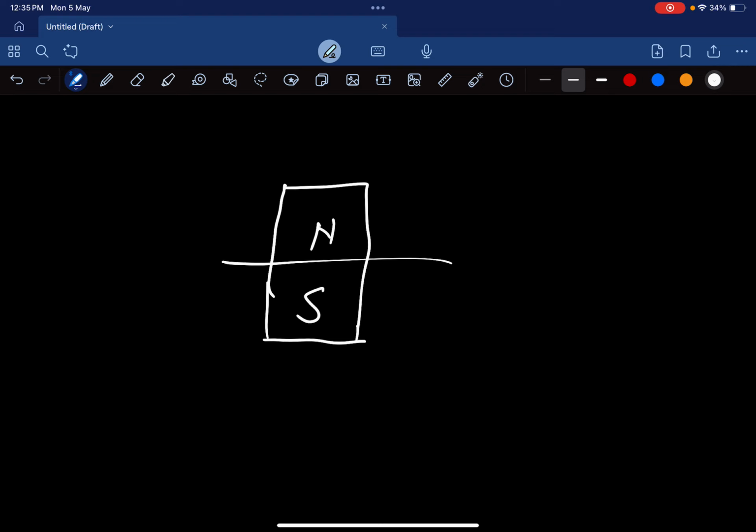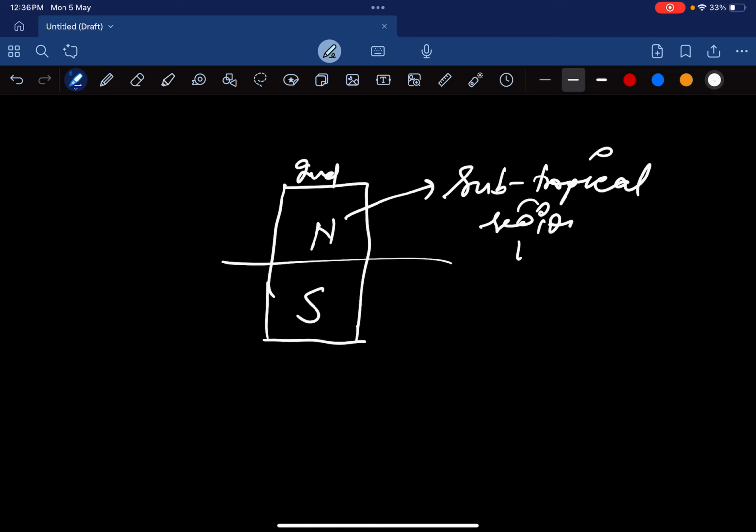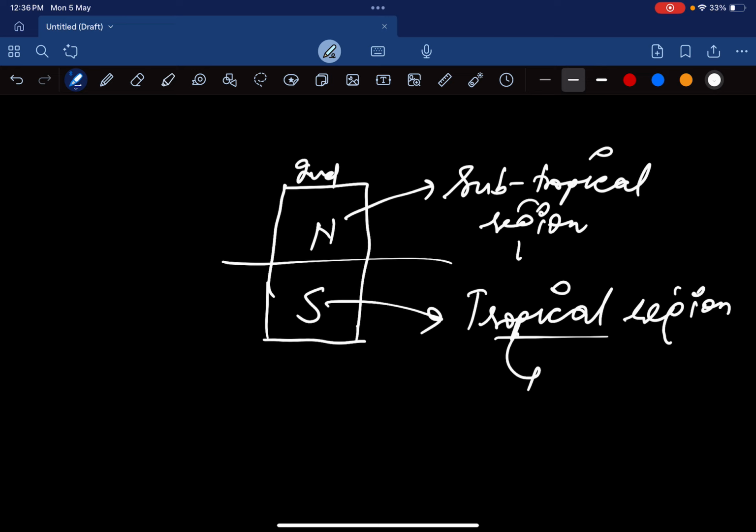North, south, the northern part comes under the subtropical region and the southern part comes out to be under tropical region. Why? Because it is closer to the equator. Right? So that's it with this.